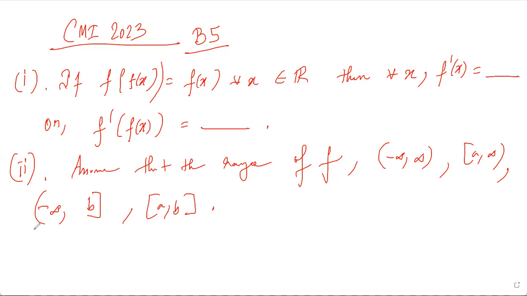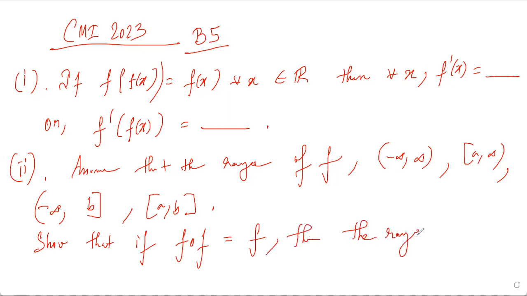This was given basically to assume that the function is not constant. Then show that if f compose f is equal to f, then the range of f is R, so the range is the whole of the real numbers. And there is a hint: consider a maximal element in the range of f.